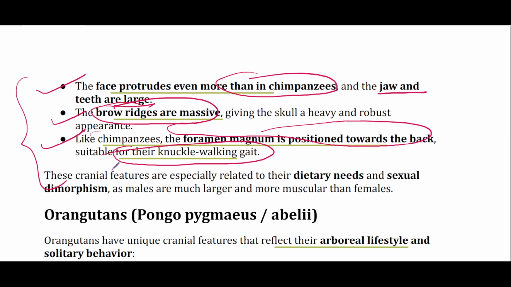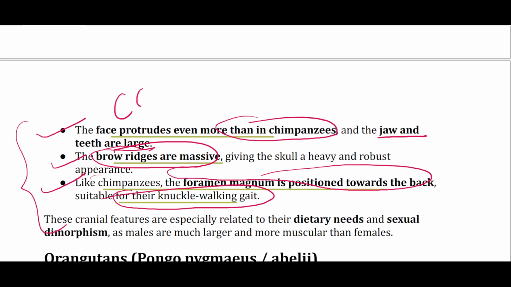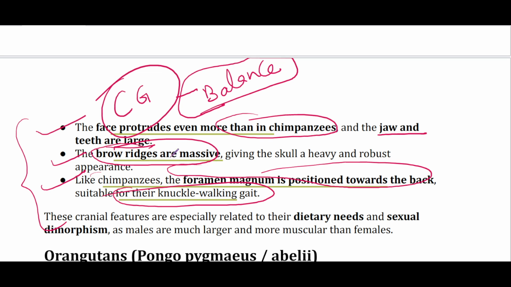And again, वही चीज कहूँगा, the placement of all these bones, or specifically placement of the cranial and postcranial features, all of them work on the principle of center of gravity. The body balance should be evenly distributed.